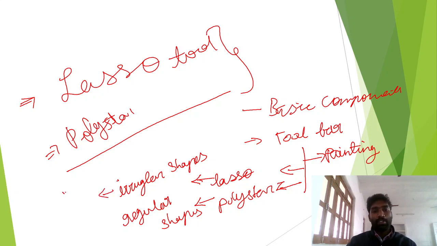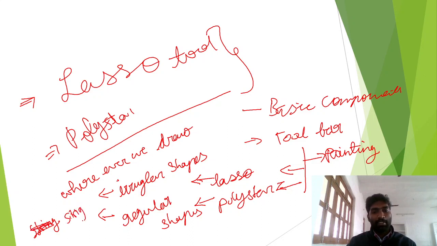Irregular: wherever we draw, that place will be selected. But in a regular shape, it will select in a straight line.